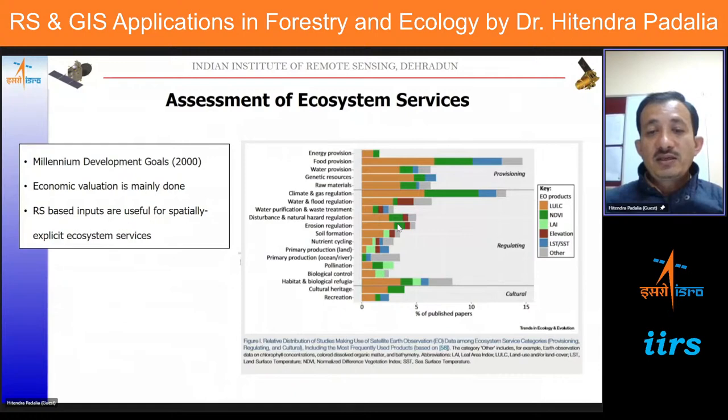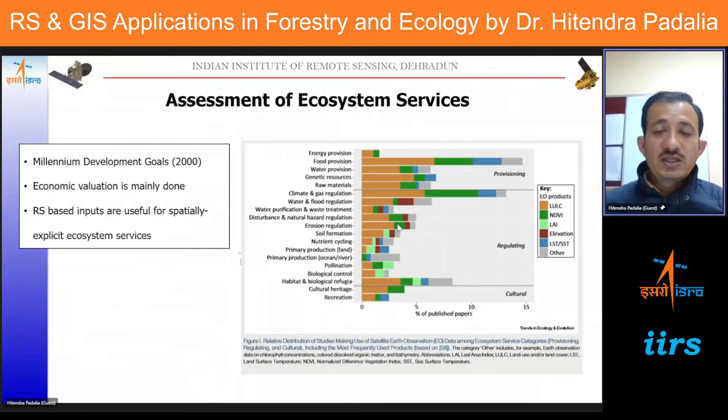And today, apart from the economic assessment of these ecosystem services, a lot of emphasis is being given to the spatial assessment of these ecosystem services, whether it is food, water provision, climate and gas regulation, erosion regulation, soil formation, nutrient cycling, primary production, pollination, etc.